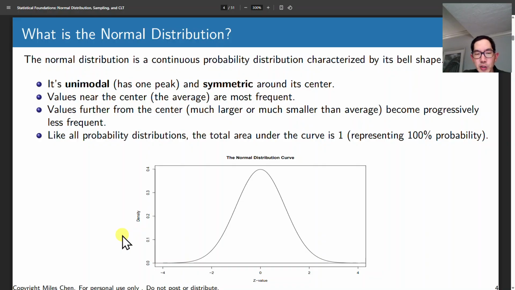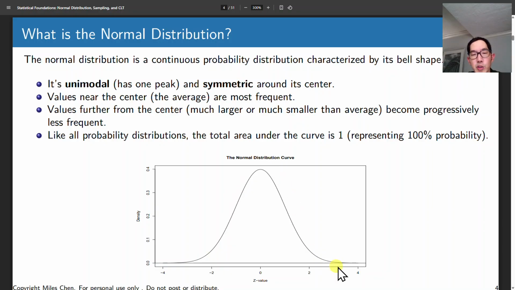The normal distribution is what we often refer to as the bell curve, and it is a probability distribution, which means it describes the probabilities that you will get different values. What is pictured here is the standard normal distribution, which is centered at 0 and has a standard deviation of 1.